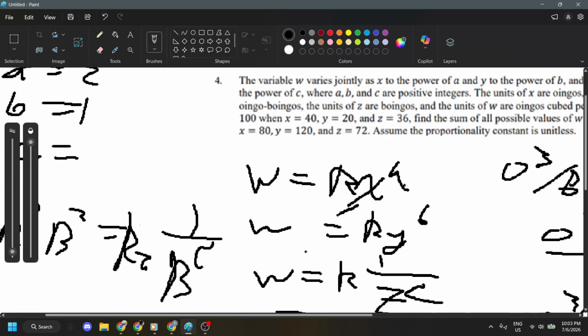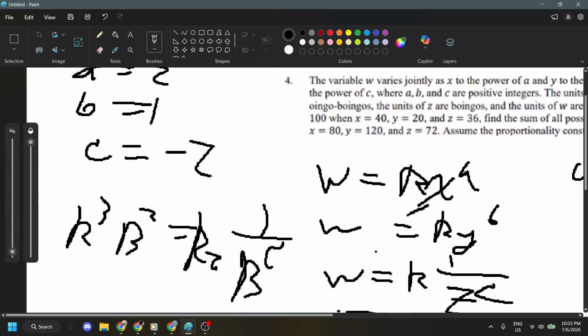Maybe let's just look at these equations, because this Oingo Boingo stuff is just not working out for me. I don't know why or how. Maybe let's just entertain the fact that this is negative, even though it says it can't be negative, but maybe that gives us an answer that's correct.